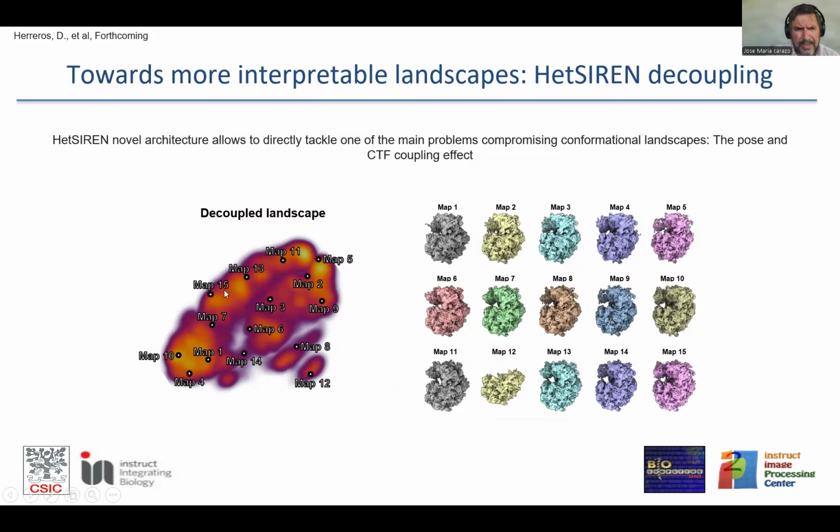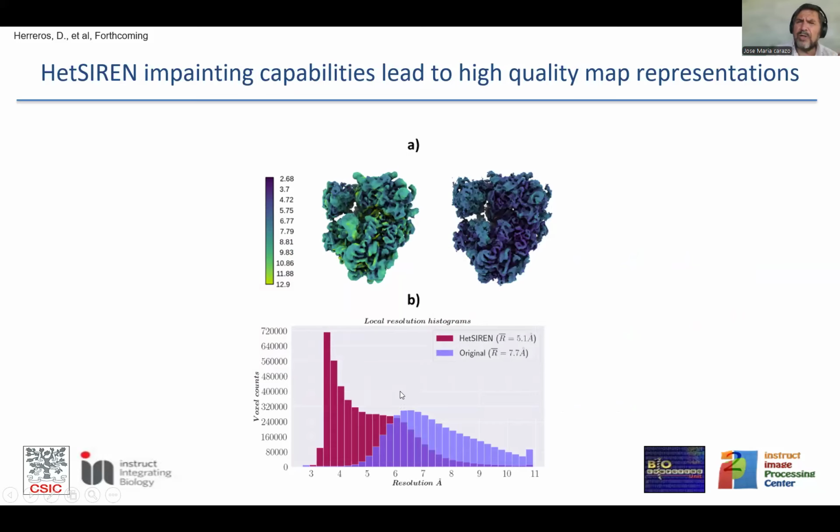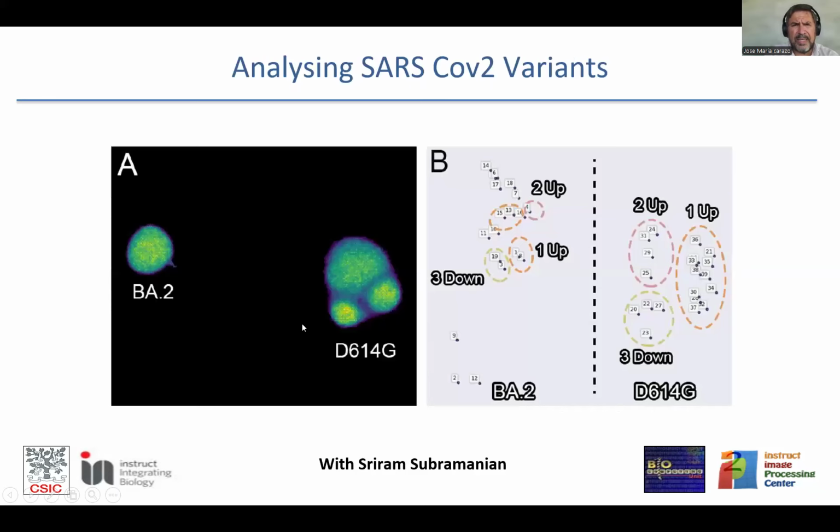We can do that in the landscape to go through the maps. You see how the local resolution has really improved substantially. So you are seeing in a way the next generation of methods. Of course, we are now also using that for alignment, so we get alignment information at the same time that we get information on flexibility.